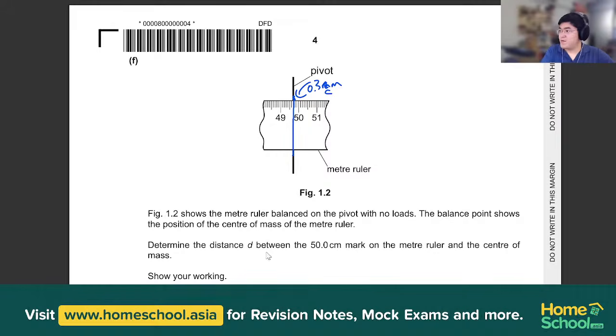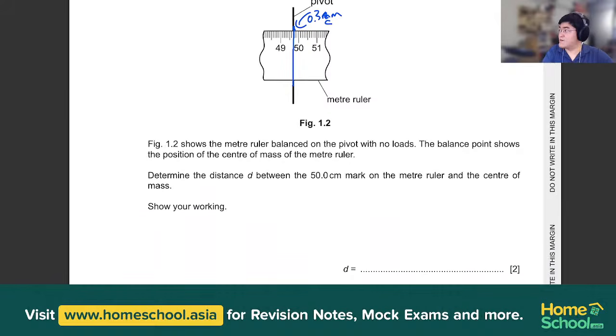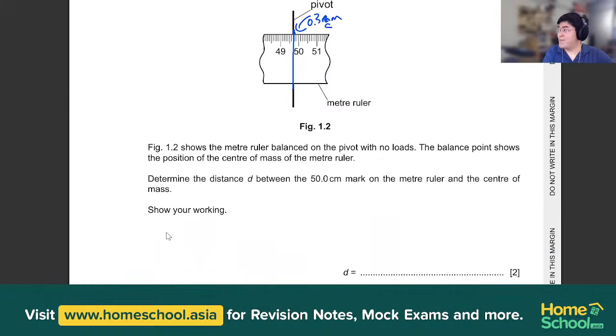First we need to draw the line. Second, we need to find this, so basically 50 minus 49.7. So first we say the pivot is, oops, my bad. Let me just go up a little bit. All right, so that's better.